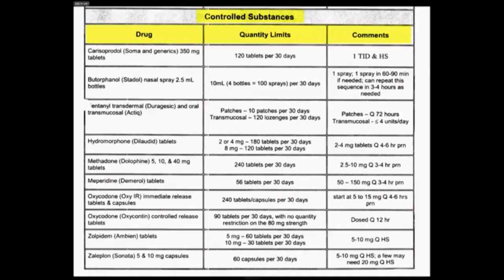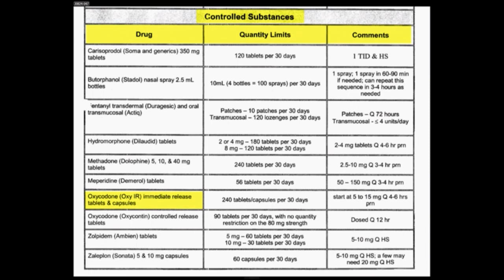Okay, I'm sorry, go ahead. We see a list of controlled substances with the presentation of drug, quantity limits, and comments, correct? On page 47, correct? Correct. We see a list of controlled drugs. We see quantity limits, headline and a comment headline. Right, and down toward the bottom, we see a reference to OxyContin, and right above that to oxycodone, immediate release tablets and capsules, right? I see that.